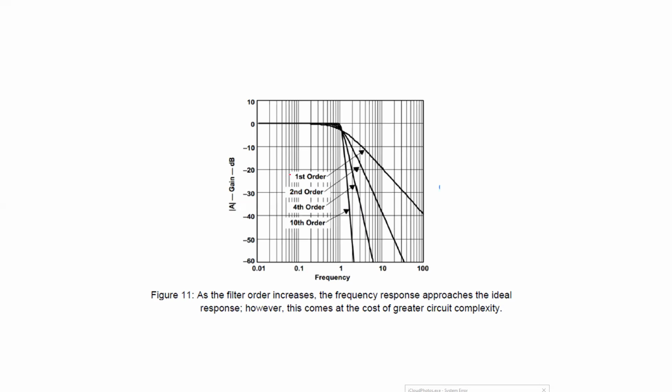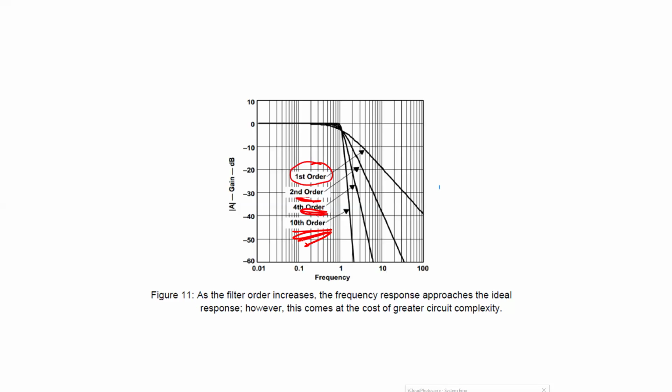That's why we call this circuit first order. It's a very simple circuit. As you make the circuit more complicated, we can make it second order, fourth order, 10th order. I'm not asking you too much. Because this is an introductory lab in filters, we're going to do only first order.